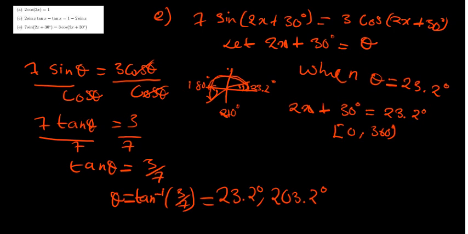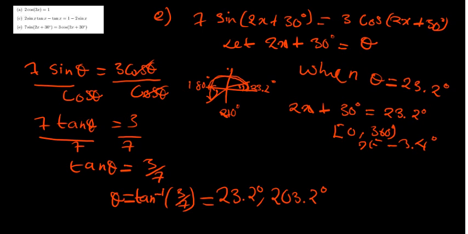Suppose the range included negatives, you would take 30 across the equal sign, 23.2 minus 30, then divide by 2, and get something like negative 3.2 degrees. But this is not in the range, so just consider 203.2.